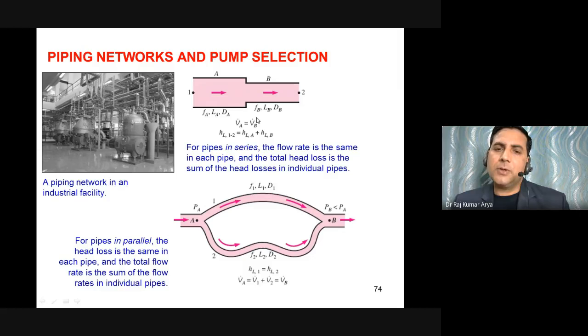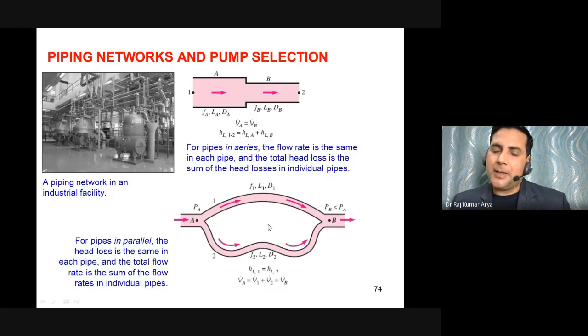Fine. So your volumetric flow rate will remain the same in pipe 1 and pipe 2, because you are talking about incompressible fluid. From mass conservation, your fluid flow would remain the same. So your flow rate would remain the same, and your head losses would be added. This is the property of the series pipeline.